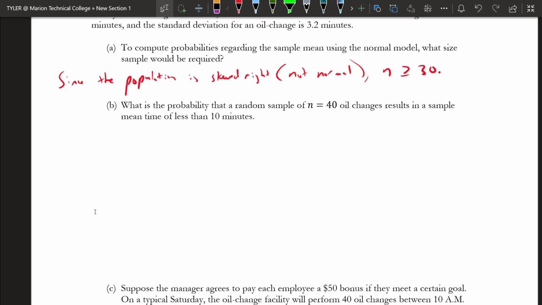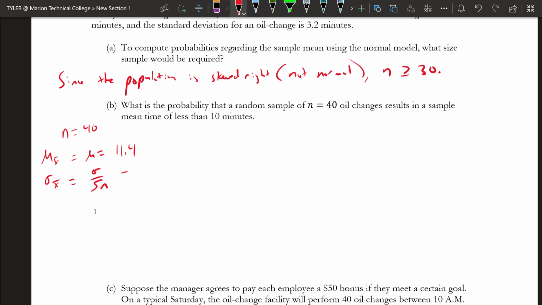So in part B, it says, what's the probability that a random sample of n equals 40 oil changes results in a sample mean time of less than 10 minutes? So n equals 40. We need to calculate the mean of the sampling distribution, which is equal to mu, which is 11.4. And then I need to calculate the standard deviation of x bar, which is equal to sigma divided by square root of n.